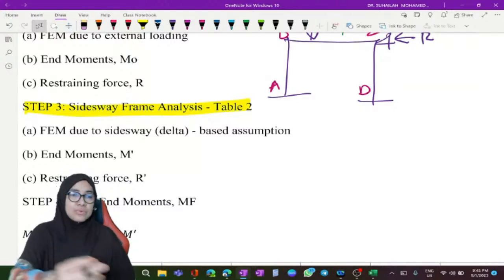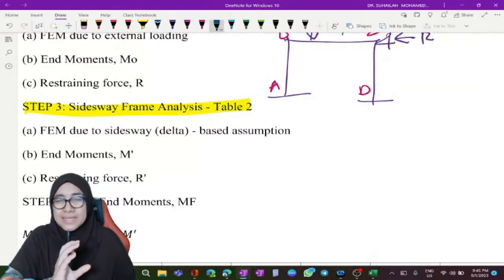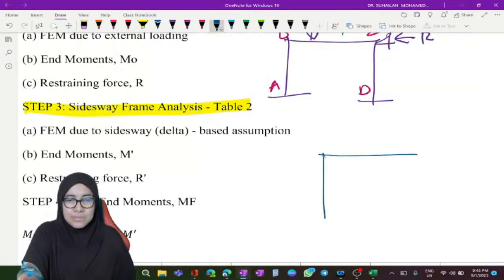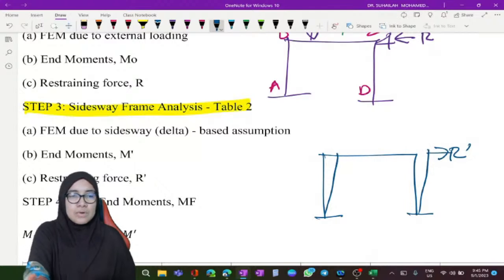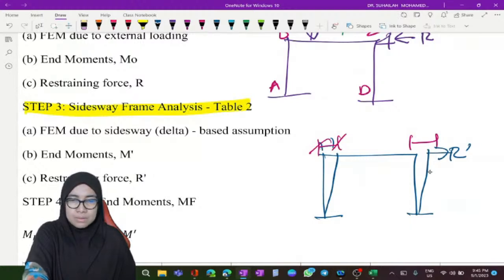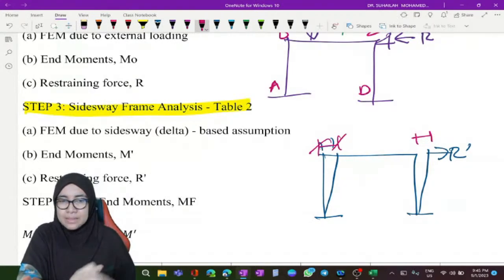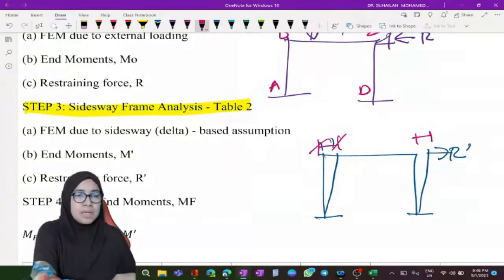So we sketch the diagram first. It is fixed at A and at D, but this time it is subjected to R prime, and due to R prime there will be delta. Delta at B and delta at C are equal; we assume they are equal.